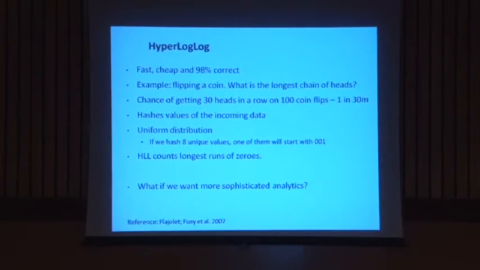To understand how it works, imagine that we are flipping a coin. So you are flipping the coin, you have a head or tail. And now, how do you estimate how long someone was flipping the coin? Well, one way to estimate it is to ask this person to count the number of consecutive heads that they ever recorded. So you keep throwing the coin and you, for example, say that, okay, I managed to have 3 heads in a row.